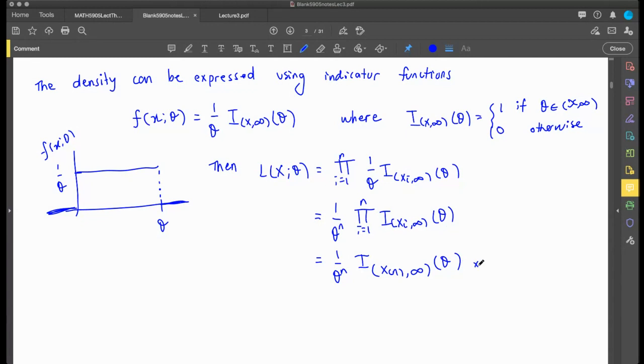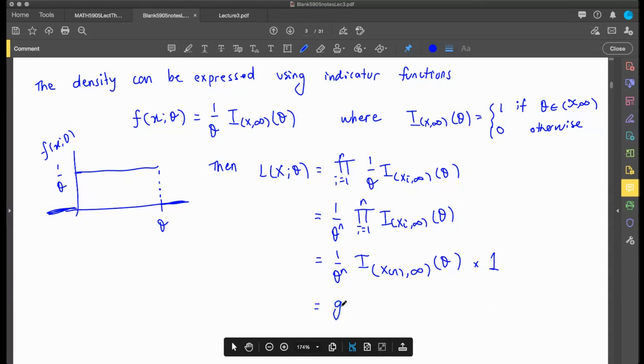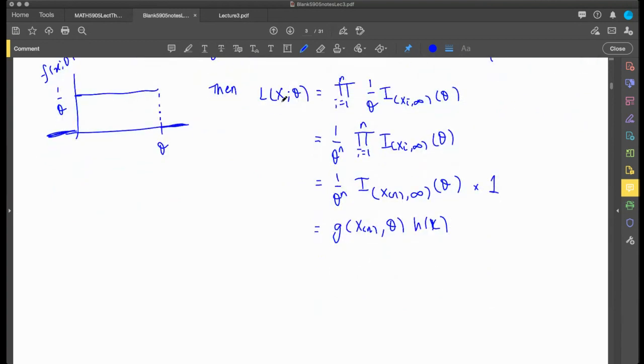And then what I can do is I can just multiply this expression by 1 to get your h of x. So I can write this as g of x_(n), theta times h of x. So h of x is 1, and g of x_(n) and theta is, well, this guy here. Okay. And again, we have the likelihood factorized in some way, and so the statistic here must be sufficient, and the statistic here is this x subscript in brackets n, or the nth order statistic.